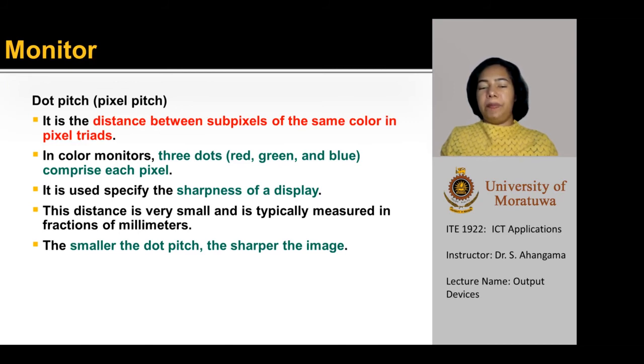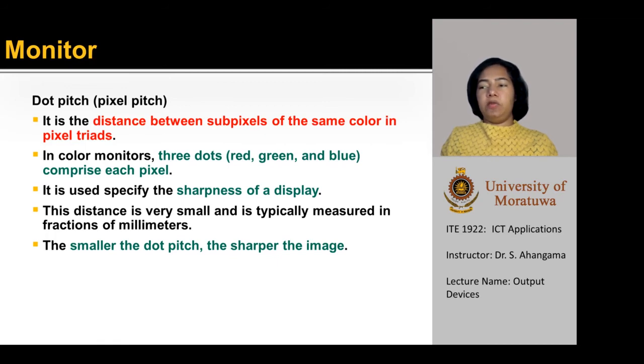Since pixel pitch indicates the amount of space between two pixels, a smaller pixel pitch means there is less empty space between pixels. That is, the image would look sharper.